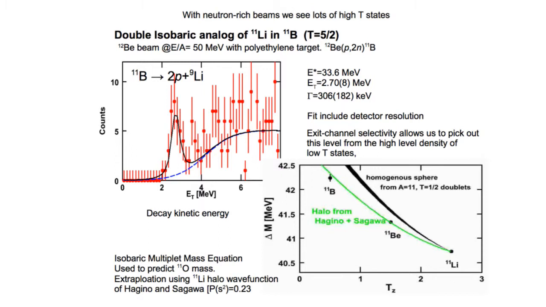And we took halo wave functions from Hagino and Sagawa, which were predicted for lithium-11, and you calculate what the Coulomb energy is associated with putting protons in such a halo, and you get this green curve, and it fits quite nicely. So we're seeing this halo structure in these analogs here.